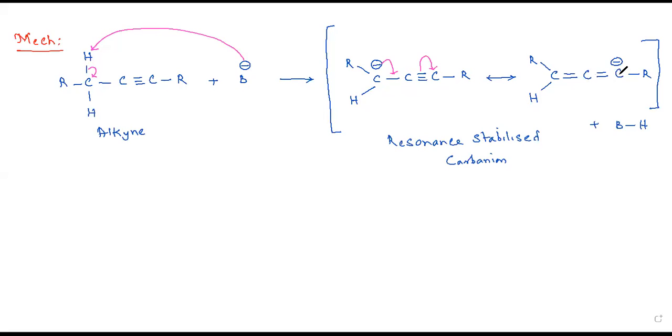After this, let us do this. This gives us R, C, then H, double bond, then again a double bond with this carbon getting a hydrogen. See, we got an allene type structure.